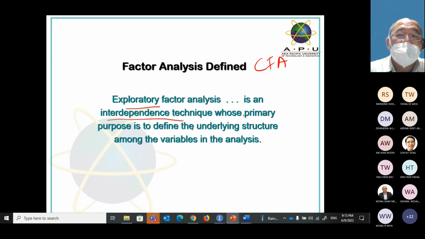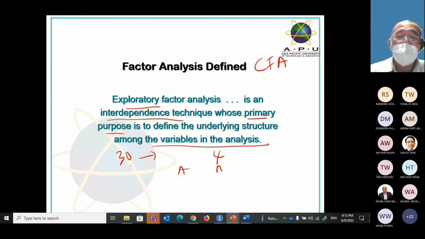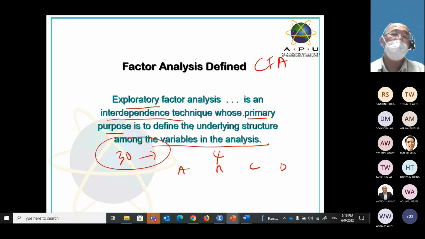The primary purpose is to define the underlying structure among the variables in the analysis. That means we can identify a few important factors, from 30 become 4. So here we've got A, B, C, D. Therefore the structure is better compared to 30.